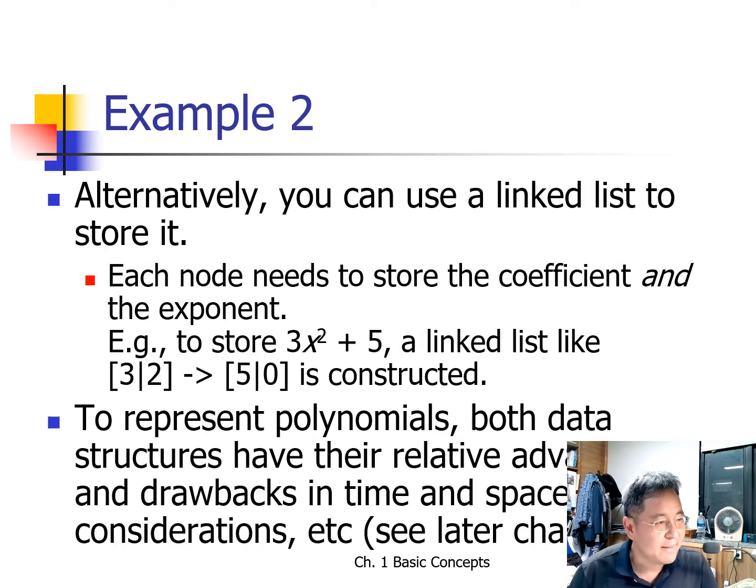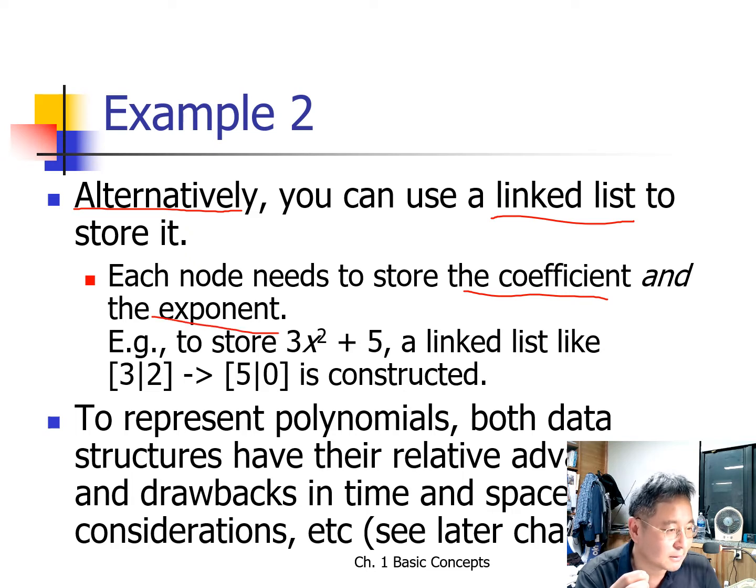Okay, but another alternative data structure is a linked list instead of an array. Using a linked list, instead of storing every coefficient in an array, we store only the coefficient and the exponent of each term in one node of the linked list.